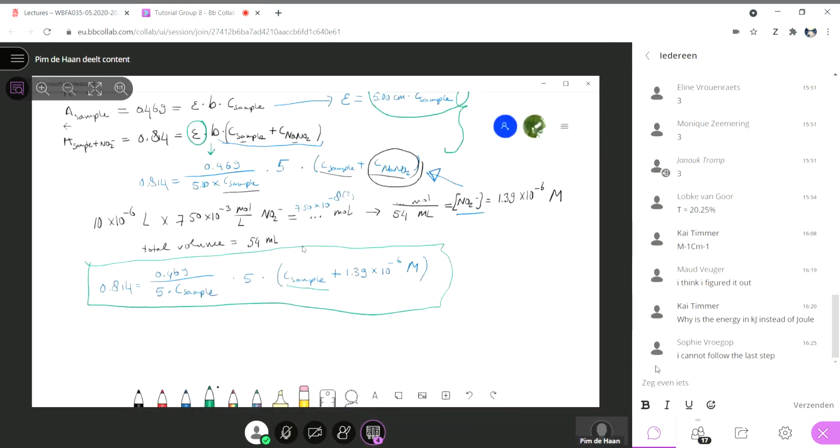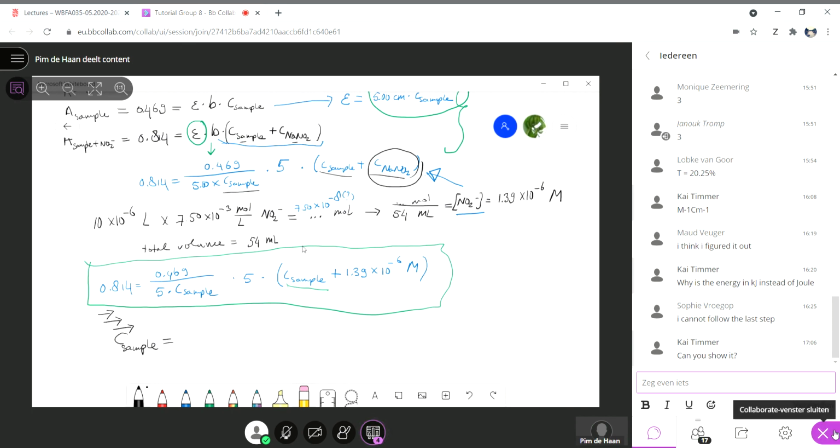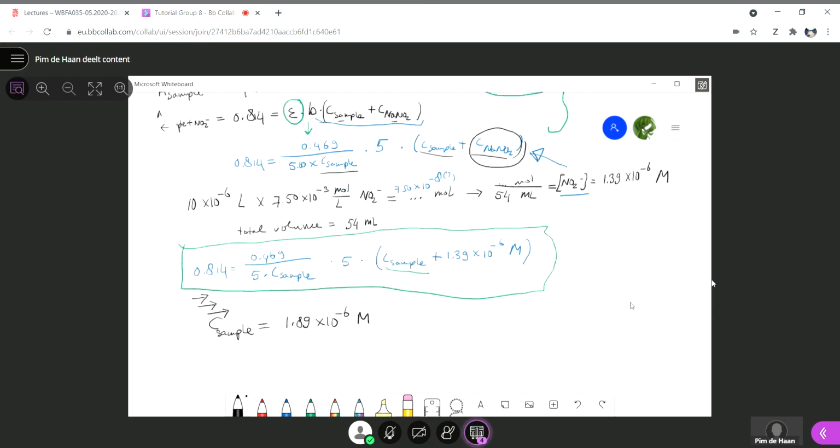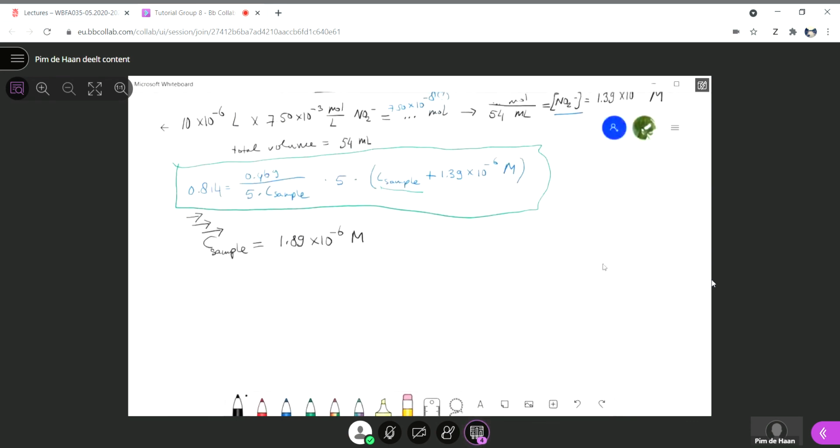C sample equals 1.89 times 10 to the negative 6 molar. Can you show it? Yes, I can. Right, so can I show it?